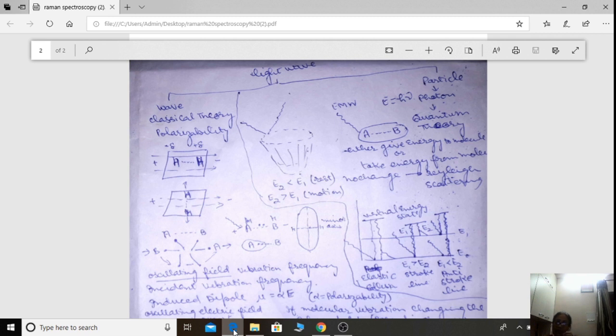When it takes energy from the molecule, then the energy of the molecule decreases and the energy of scattered radiation increases. If there is no change in energy, then the energy of the incident and the scattered radiation remain the same. This is called Rayleigh scattering.